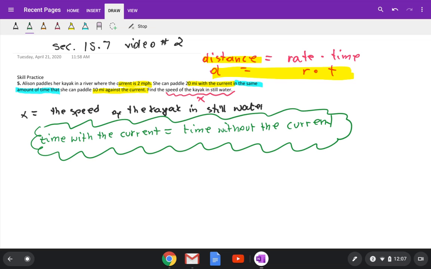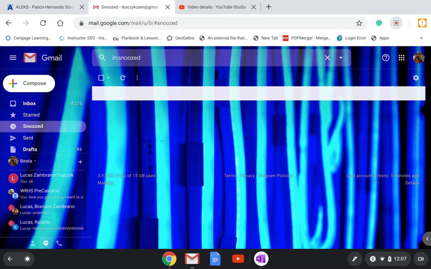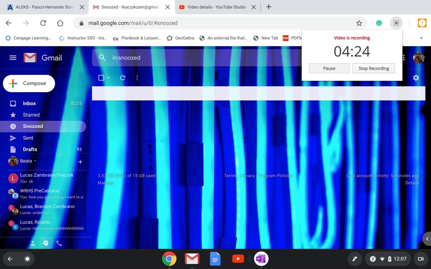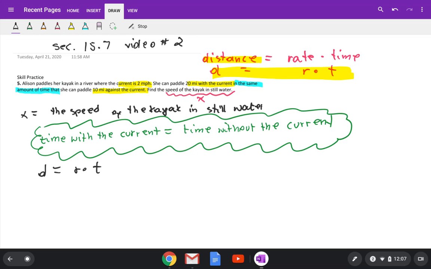So when we talk about the time, don't forget that the distance formula is distance equals rate times time. What we need to do is use this formula and solve for time. To solve for t, we just isolate t, so divide both sides by r.